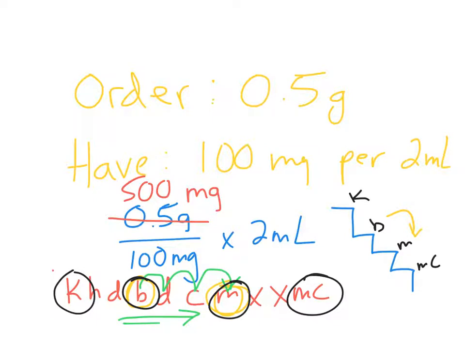So therefore I would take my 0.5 and multiply that by 1,000, and 0.5 times 1,000 is 500. So still getting 500 no matter which metric conversion method you're using. It's just making sure we're converting those grams into milligrams.